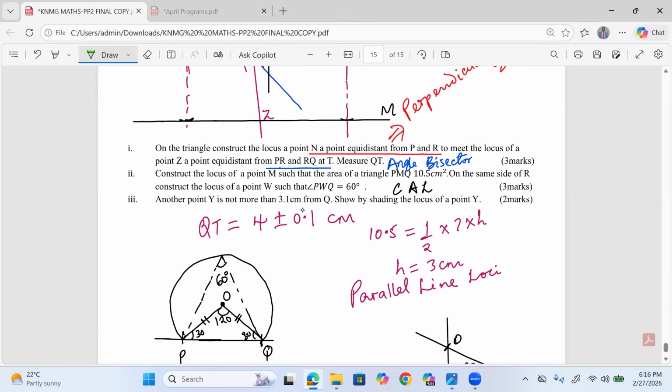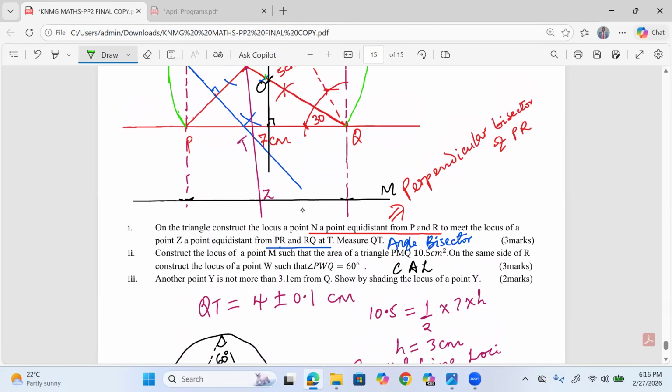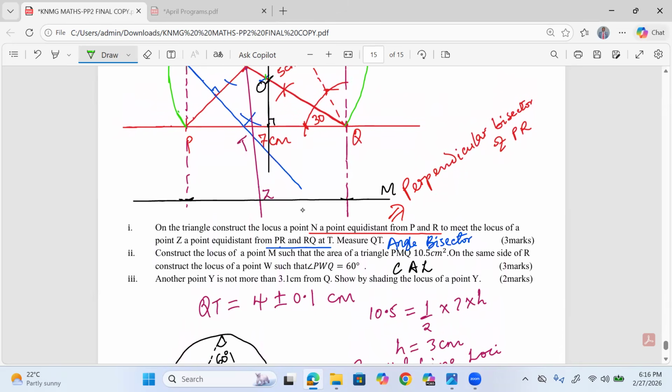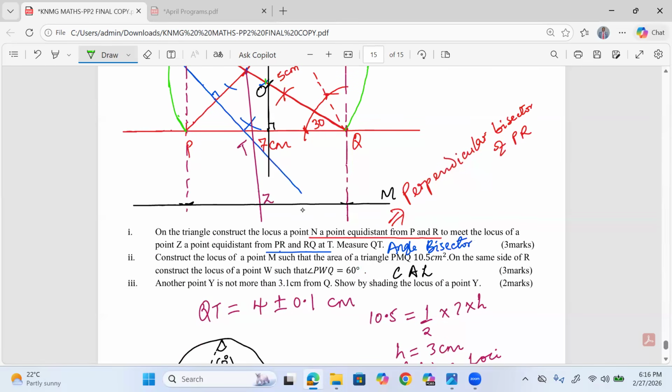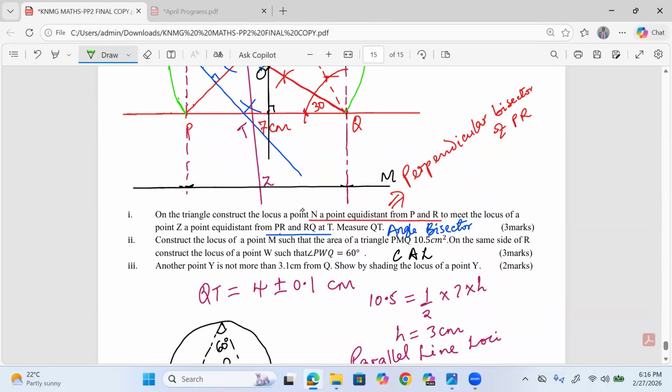The last part. Now another point Y is not more than 3.1 centimeters from Q. Show by shading the locus of Y. Sometimes we talk about the locus of points that are at a certain fixed distance from a point.